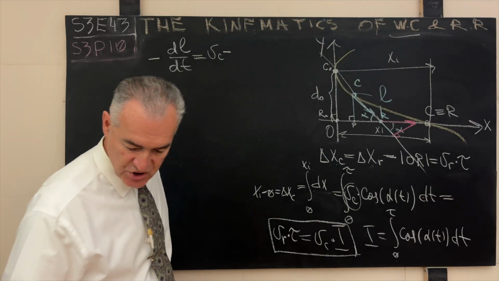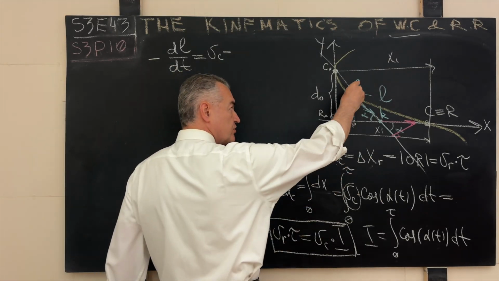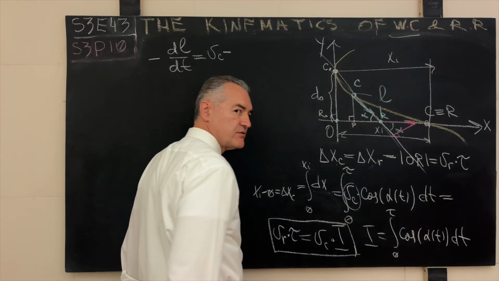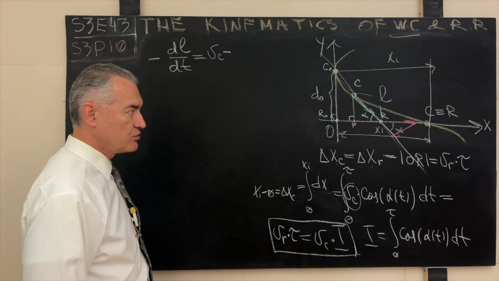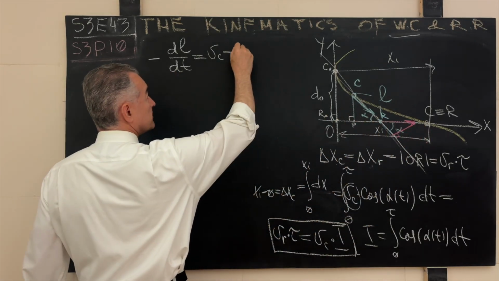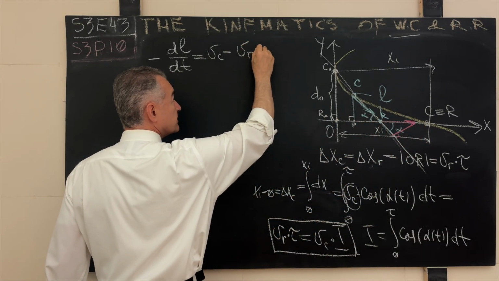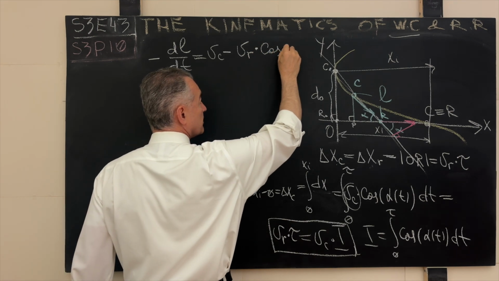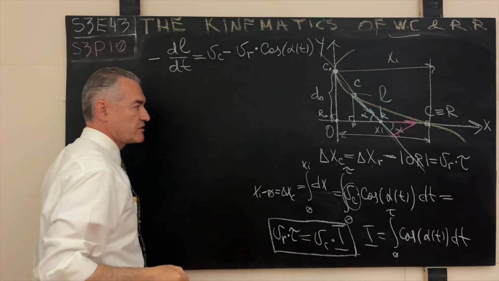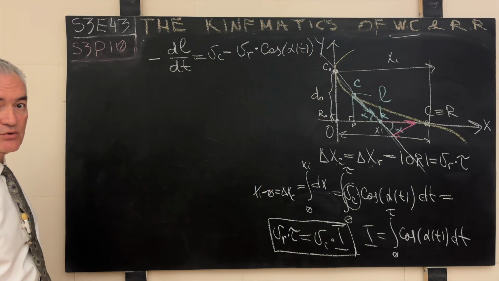Now we project not the velocity of the chaser, but the velocity of the runner onto that straight line direction. This is the maneuver that you were expected to carry out on your own. So this will be minus the velocity of the runner times the cosine of the angle alpha, which is some intricate and possibly horrible function of time.